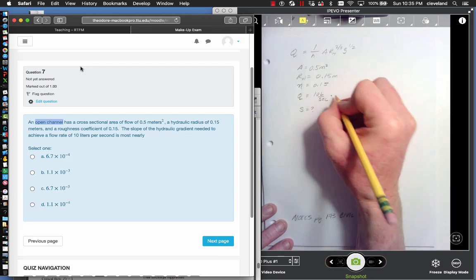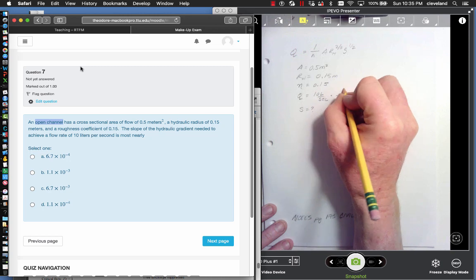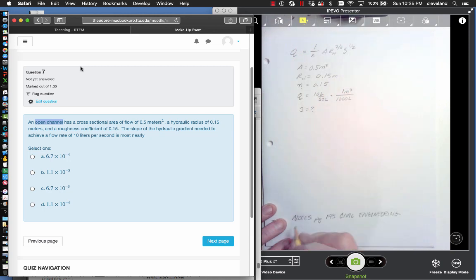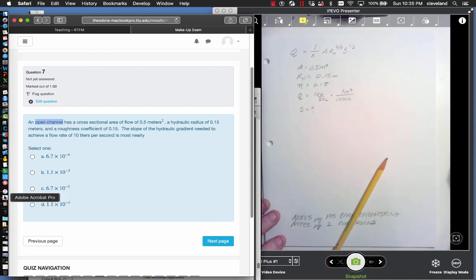So 10 liters per second, there are 1,000 liters in 1 cubic meter. You get that from NCEES page 2 conversions. Go look it up to be sure.